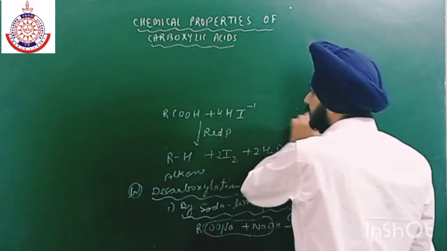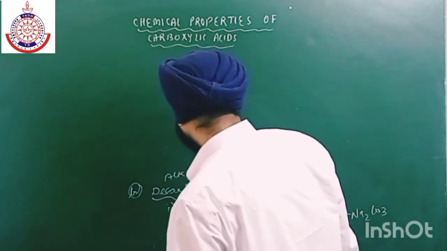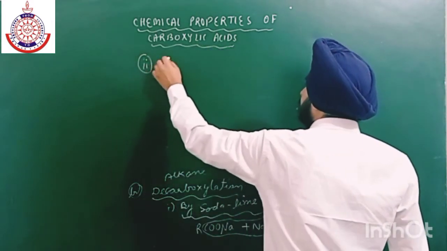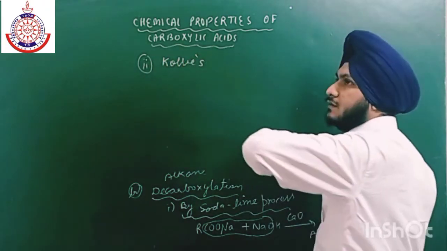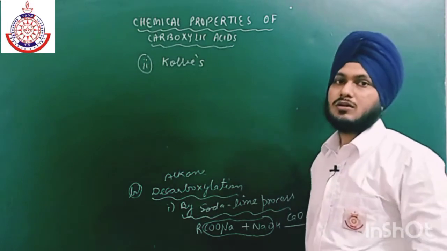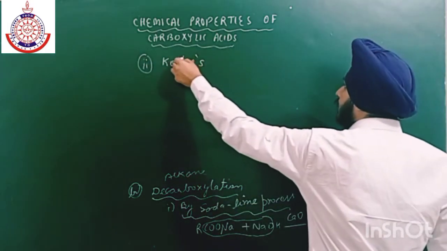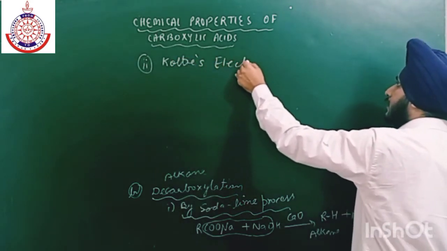Kolbe's electrolysis. This is a very important method. In this method we take the solution of the sodium salt of any carboxylic acid, and then we do electrolysis, the Kolbe electrolytic method.